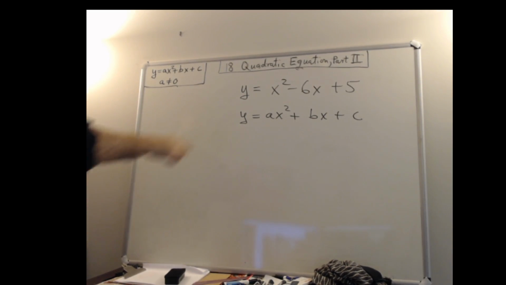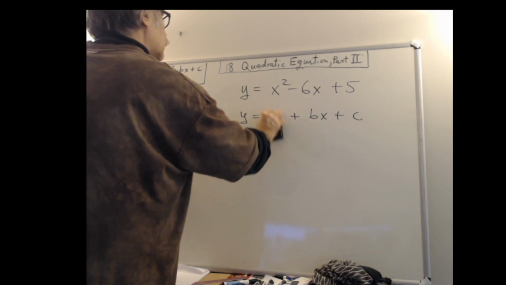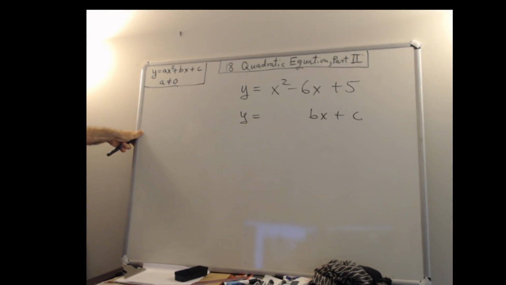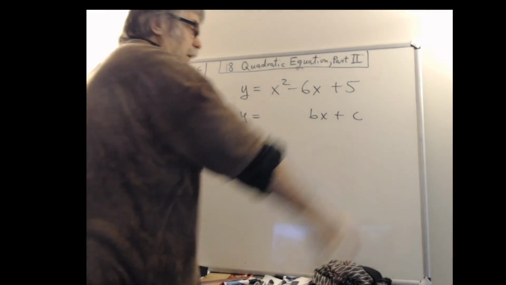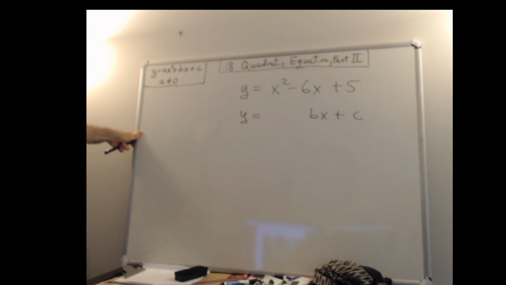We will ask this number to be different than 0, because if this number is equal to 0, then I would have something you're supposed to know really well about. There will be an equation of a line with a slope b and with an intercept c, and that would not be what we call a quadratic equation.